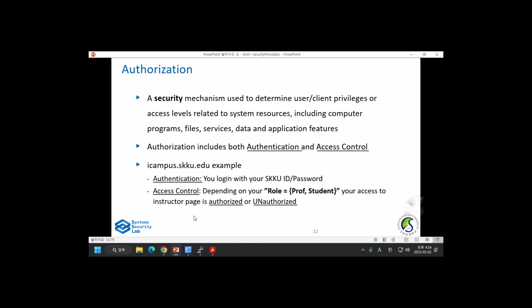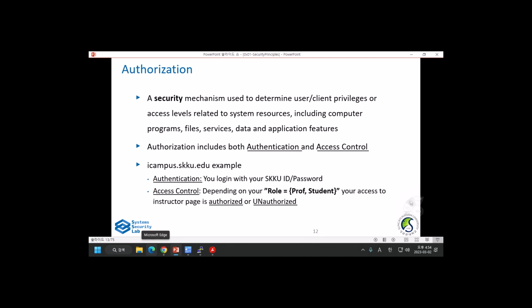We can take the iCampus website as an example. Authentication means you log in with your SKKU ID and password. Access control is what achieves authorization. There's access control on iCampus, if you haven't noticed.